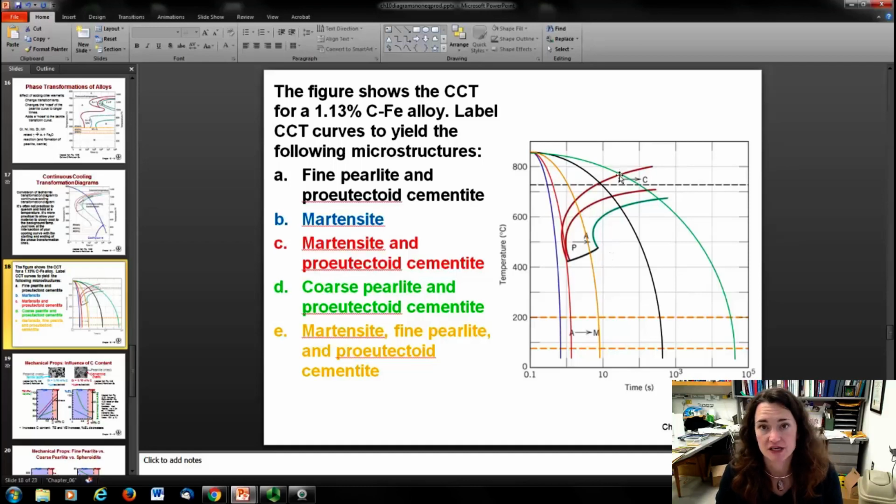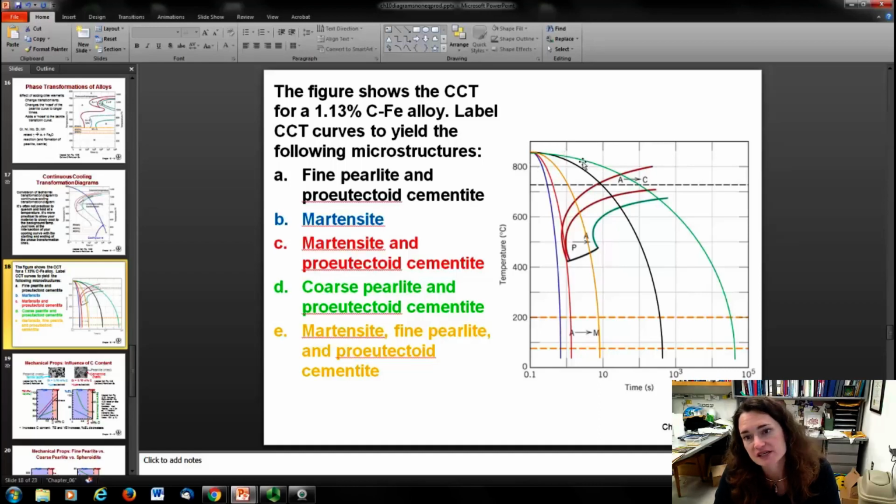And so what I've done is for each one of these problems, I have drawn in my own cooling curve for what would happen with that. So for example, for fine perlite and proeutectoid cementite, what I want is for my cooling curve to cross all the way over that 100% perlite transformation line, okay? So here, it starts off above 800 C, say for example.